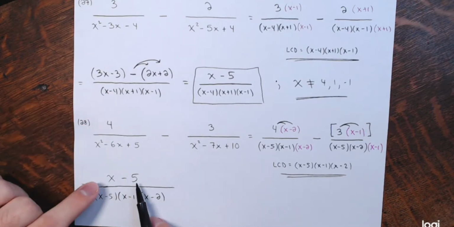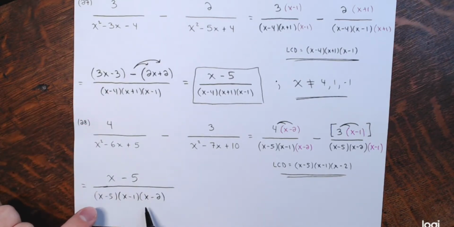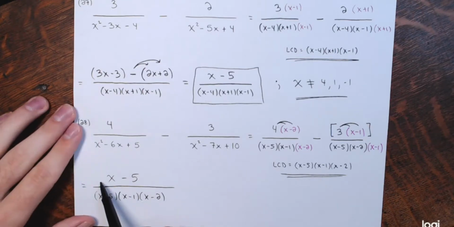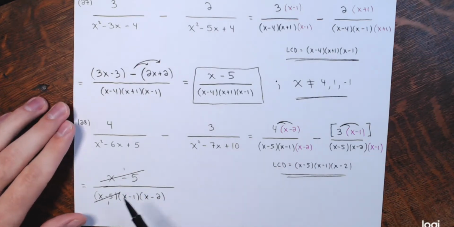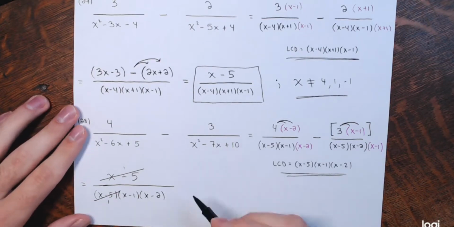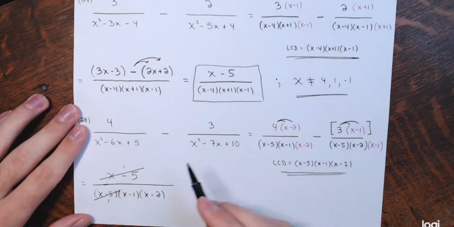Numerator is totally factored, denominator is totally factored, but this time I am seeing a common factor. There's a factor of x minus 5 in the numerator, factor of x minus 5 in the denominator. Now don't forget, when you cancel common factors, they technically become the number 1. So what I'm left with in the numerator is the number 1.